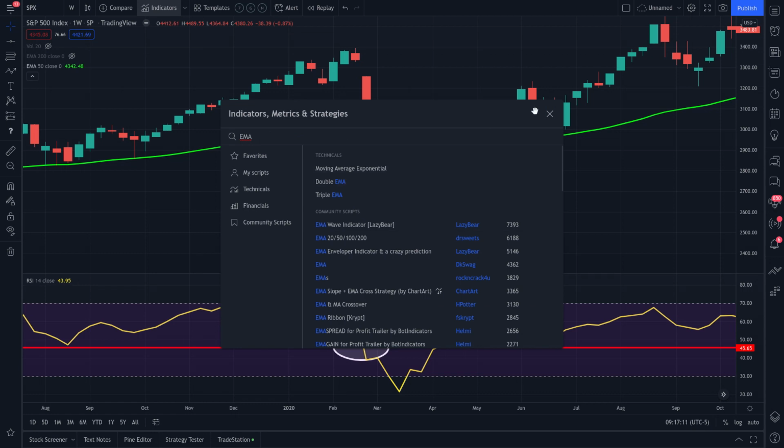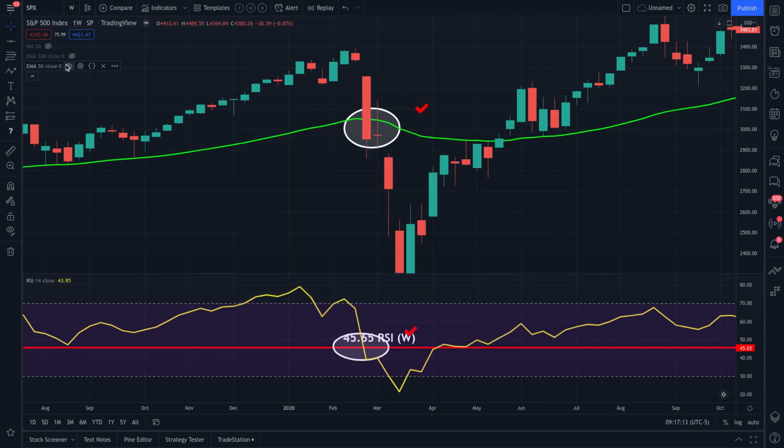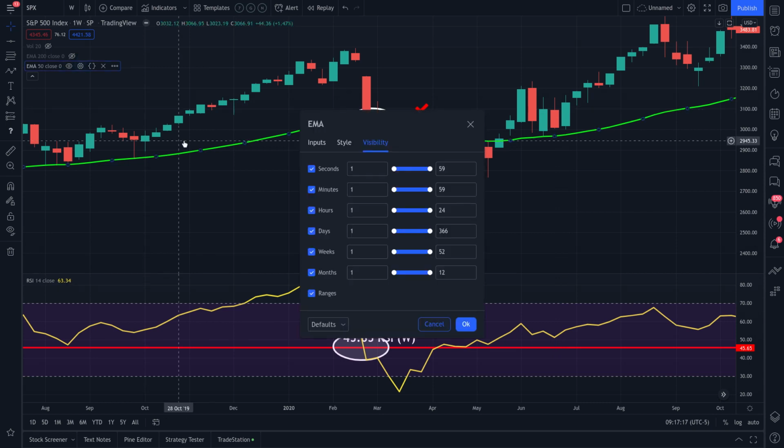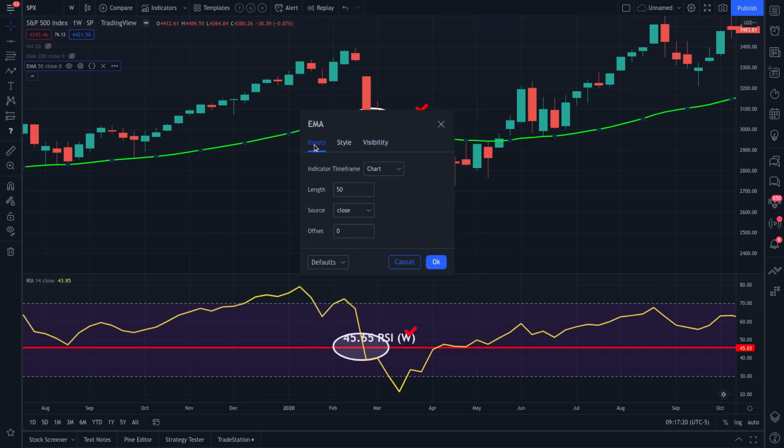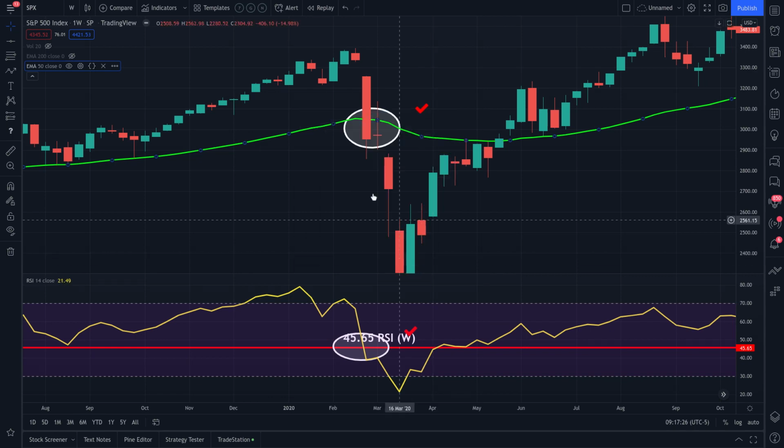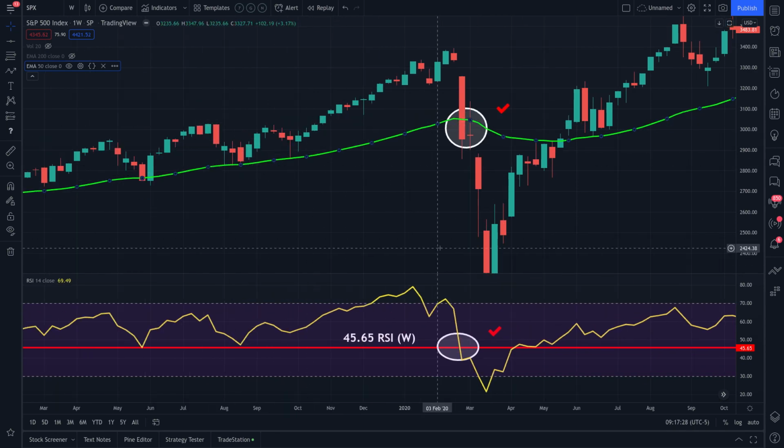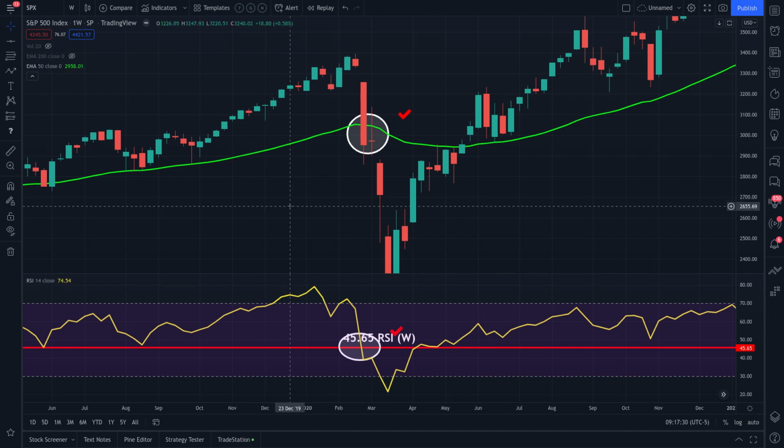You click that. Then you go to the right over here, click the little star-looking icon that says settings, click the input, go down to the length, and type in 50. I already have it in there. And then of course, boom, you have it right on your chart. Again, weekly setup. I said that so many times.